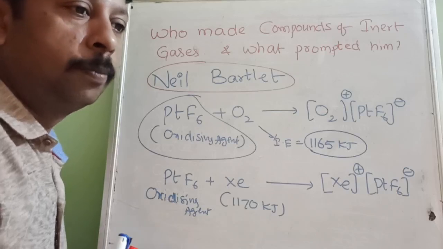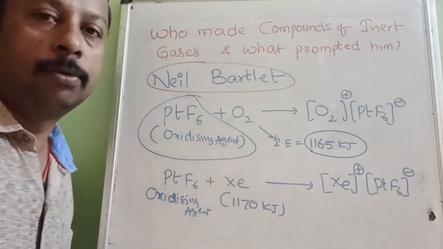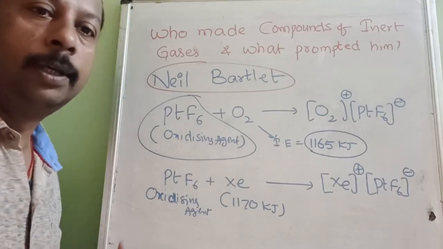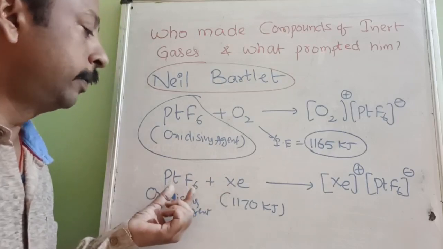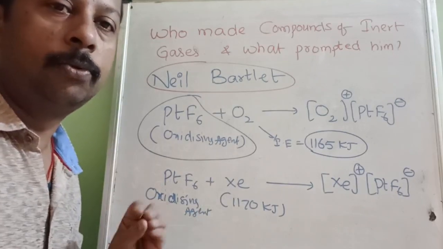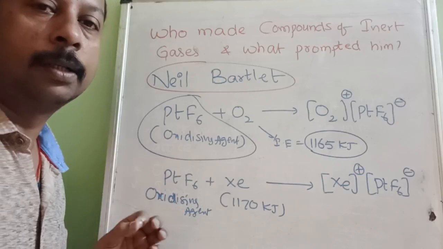And what are the compounds which can form? It is very difficult to take out or share an electron from the inert gases, and even that is done by PtF6. So we can do it easily for sharing purposes with especially two elements. What are those two elements? Fluorine and oxygen.